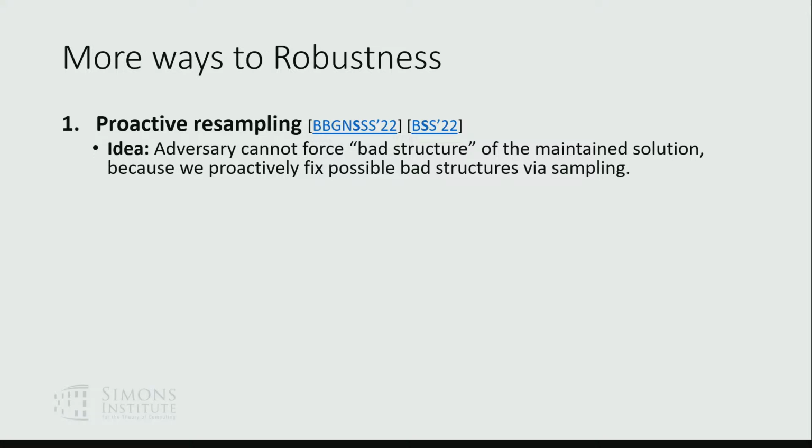The rough idea is that we try to work with an adaptive adversary, but usually an adaptive adversary can mess with you in the sense that it can try to force some bad structure. But what we're going to do is, whenever the adaptive adversary might create some bad structure, you just resample that part and make this bad structure disappear. Very vague, but you can have a look.